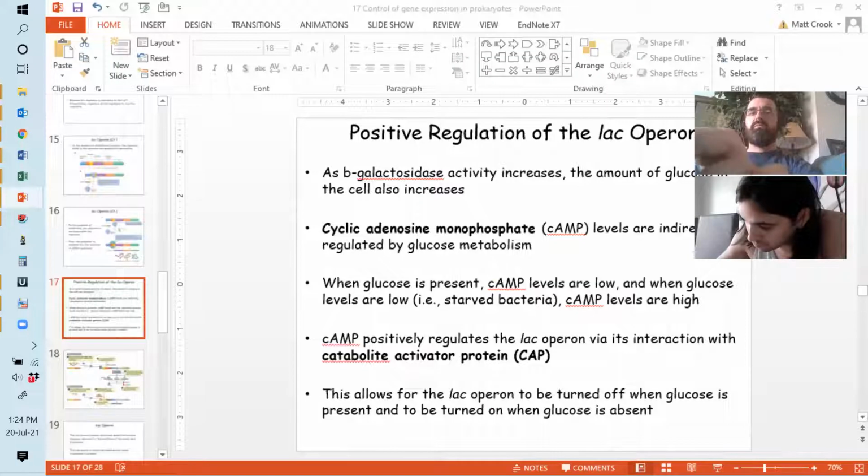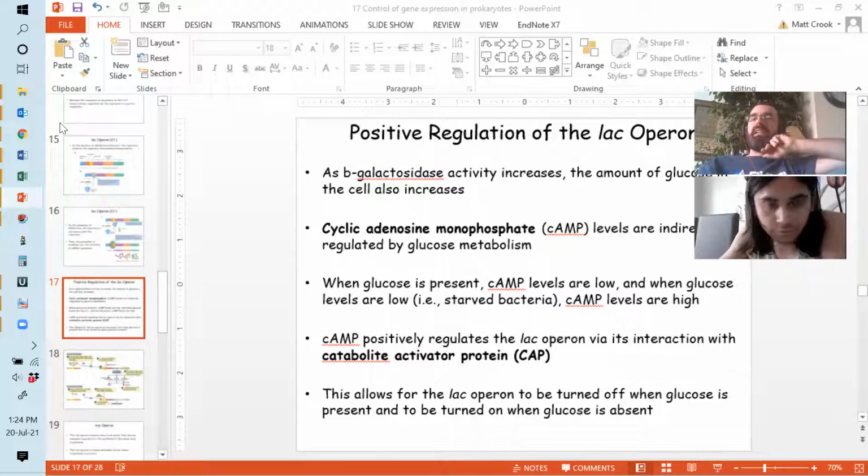So lots of glucose equals little cyclic AMP. No glucose equals lots of cyclic AMP. So what the bacterium does is it detects the levels of cyclic AMP. And it does so through this thing called the catabolite activator protein.